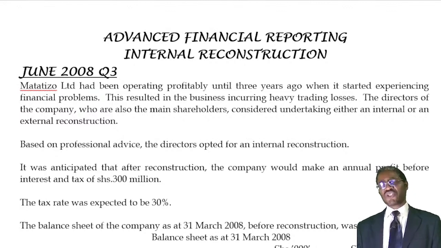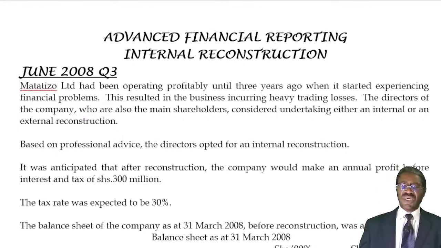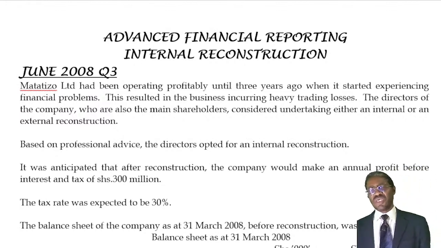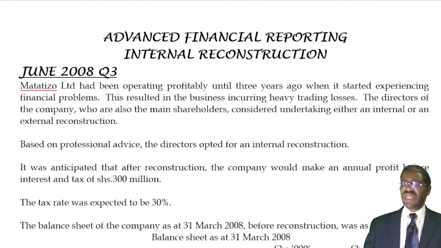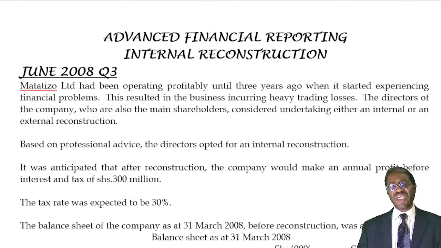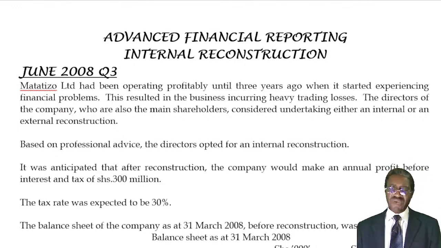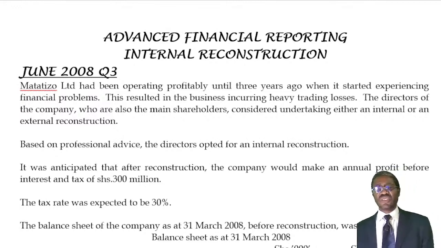Based on professional advice, the directors opted for internal reconstruction. It was anticipated that after reconstruction, the company would make an annual profit before interest and tax of shillings 300 million. Then you are told the tax rate was expected to be 30%. Let me roll the question now.